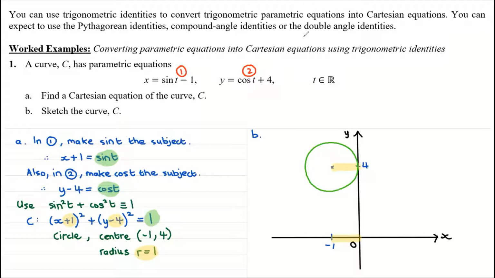We can label it as (x + 1)² + (y − 4)² = 1. And this is the circle C. All right, so there's our first parametric equation in terms of trig functions. We've got a circle. So let's see what else we can generate using variations of this.